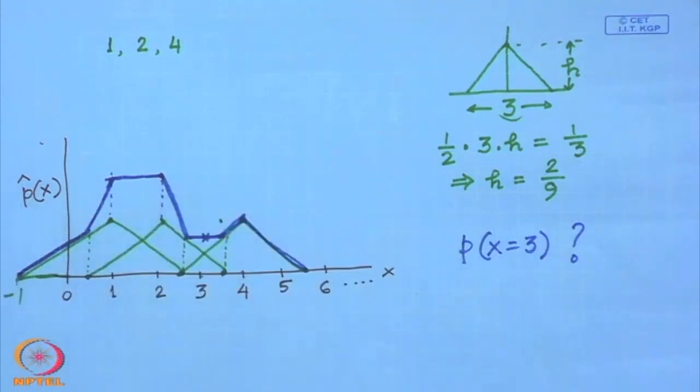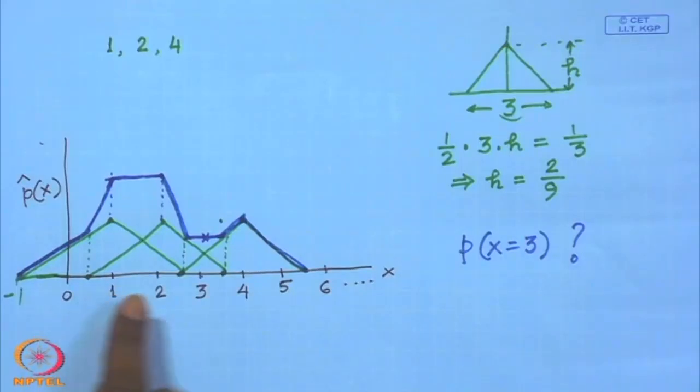Now, if you notice carefully, this superimposition of different windows placed at different sample locations is nothing but a convolution operation. What I am doing is, if I assume that at every sample location I have a unit pulse, that is a pulse of height equal to 1, then I have a set of pulse trains.